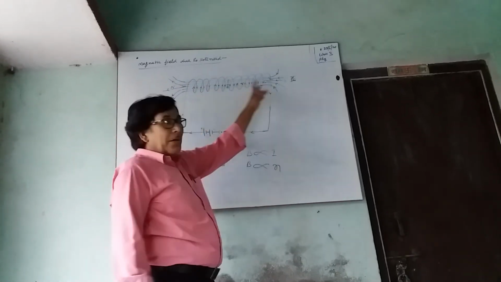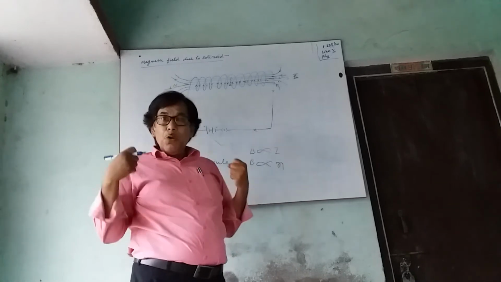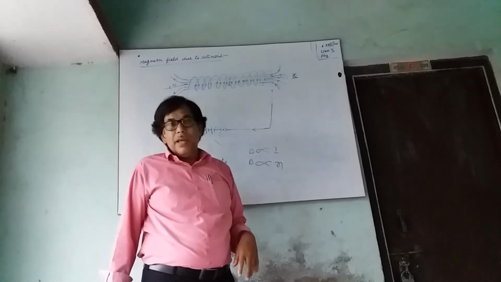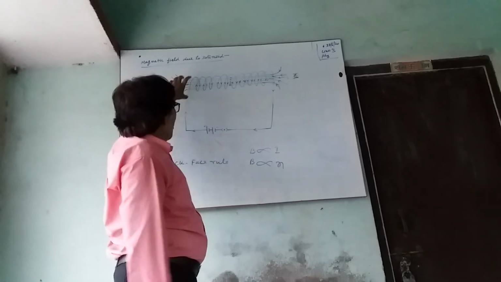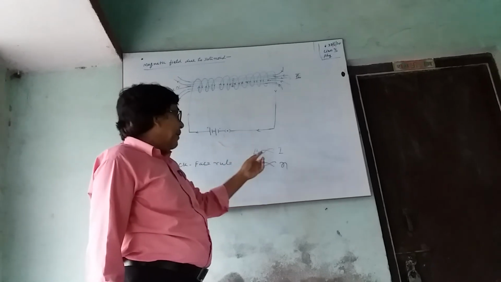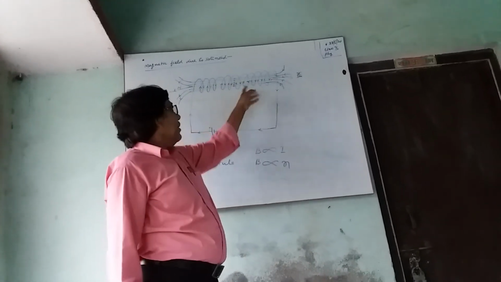If there are more turns, there will be a stronger magnetic field. So the strength of the magnetic field, B, depends upon the amount of current and the number of turns in the coil.